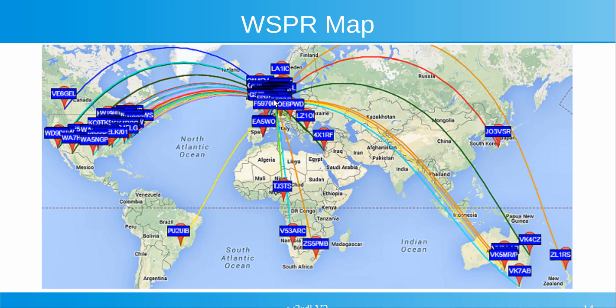And you can use apps where you pick a particular beacon, which is buried down here under all these, and it shows all of the stations that are receiving that beacon signal. So you can kind of tell what the propagation path is, where it's the best.